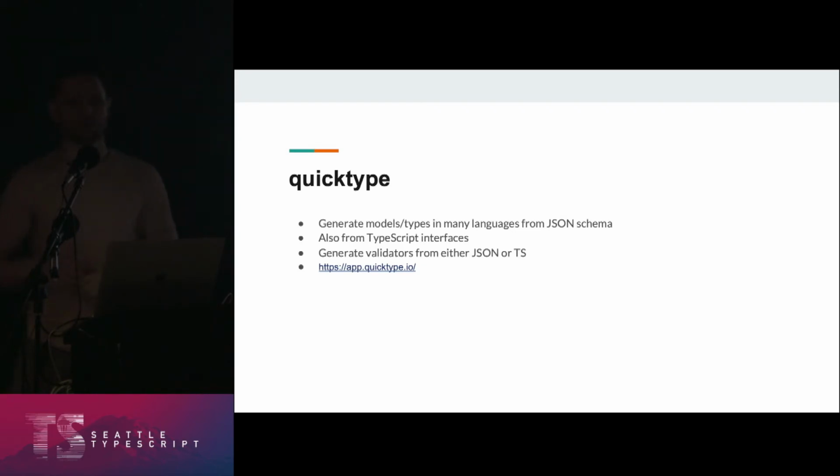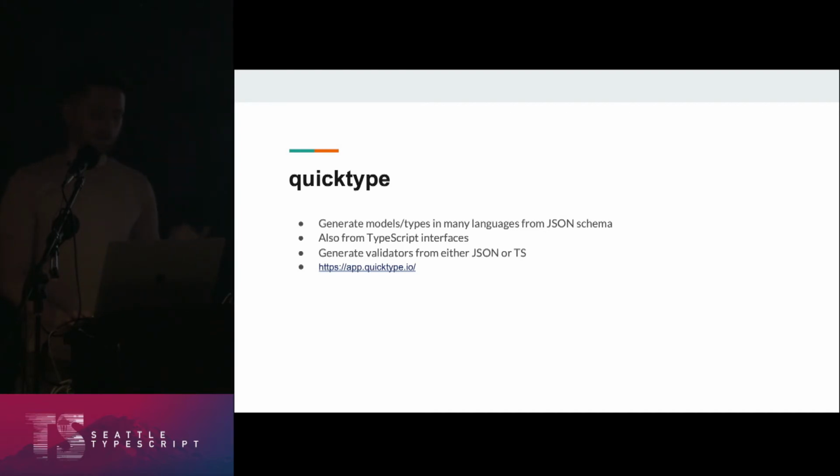You can give it a snapshot of JSON data, and it's going to guess what the model should be. For different languages, it's going to create those. And if you're using TypeScript, and possibly other languages too, you can ask it to also generate type guards.